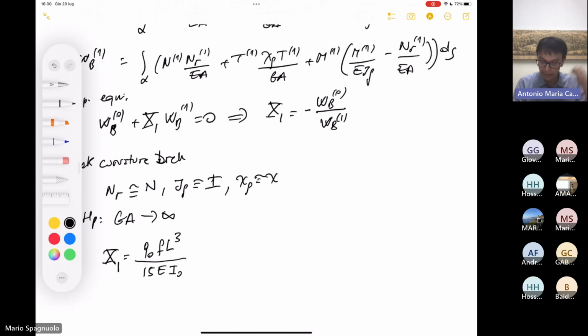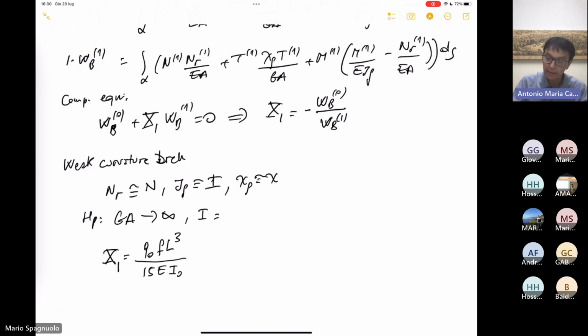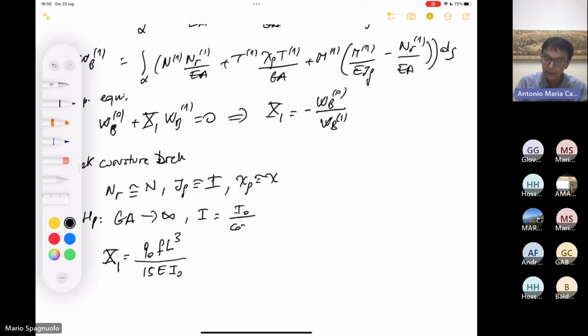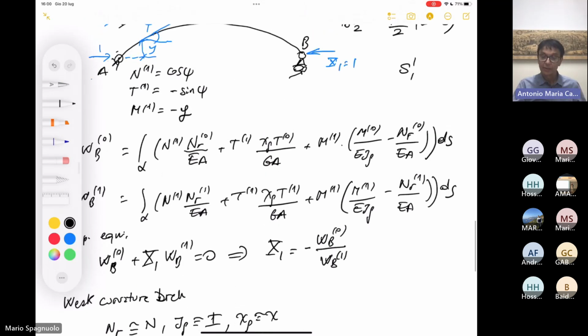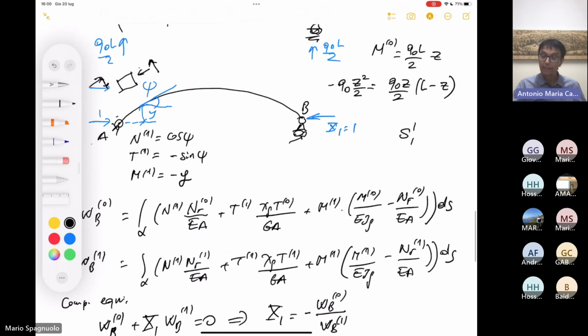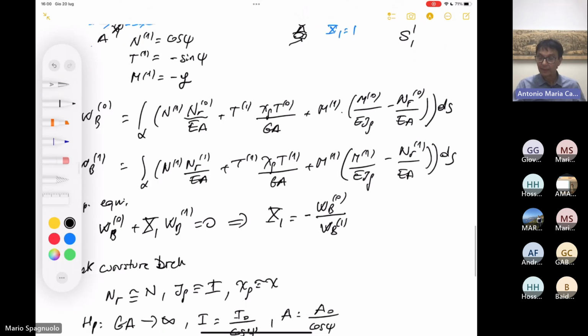There is also an assumption that I is equal to I0 divided by cosine of psi, which we adopt to simplify the computation, since there are cosine terms of psi due to the expression of n1. This will make our life easier.